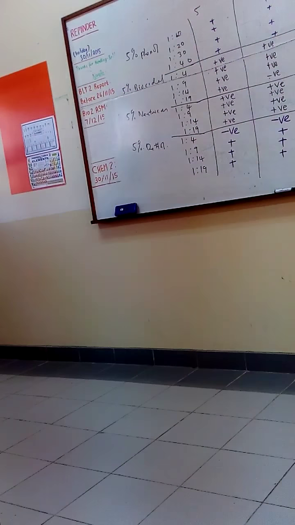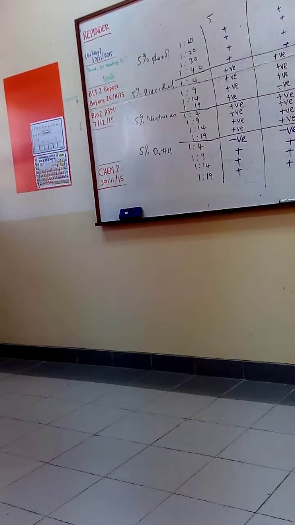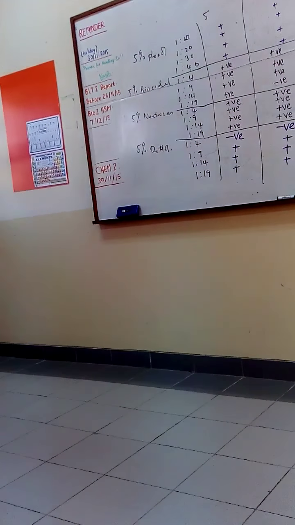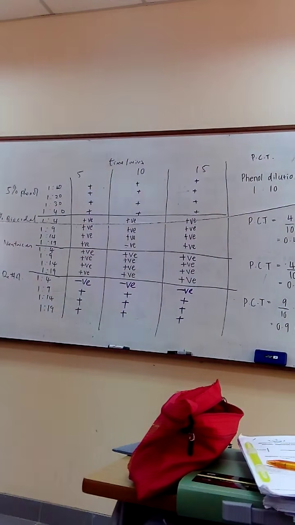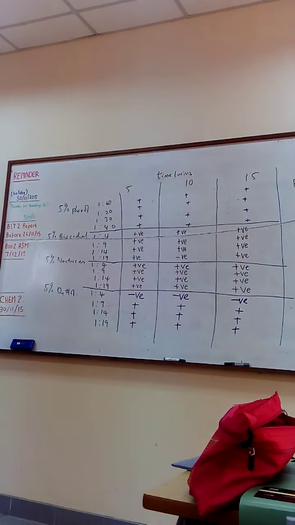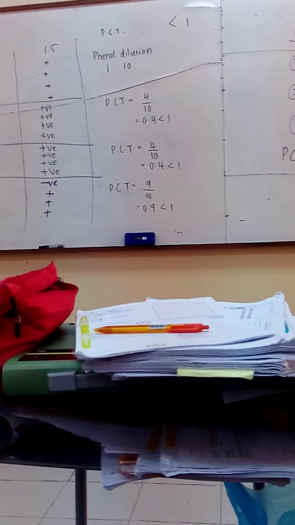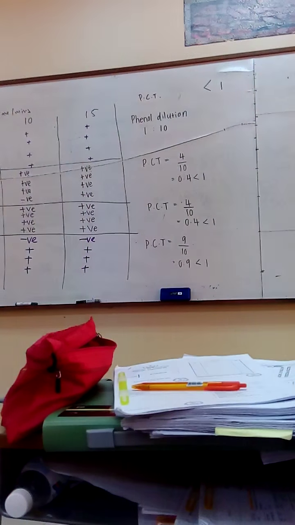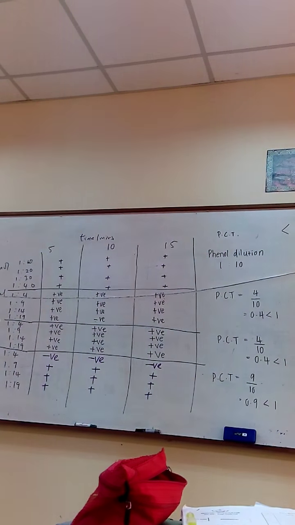Okay, so in your discussion please discuss this calculation. Make sure you use the same standard, which is that it should be greater than 1 to get an effective disinfectant. Greater than 1 for the PCT. Okay, is that okay?